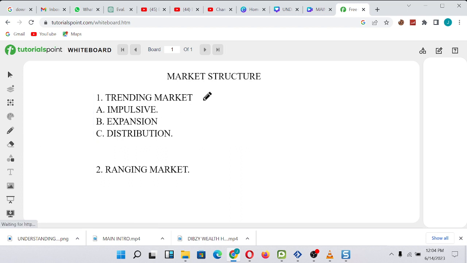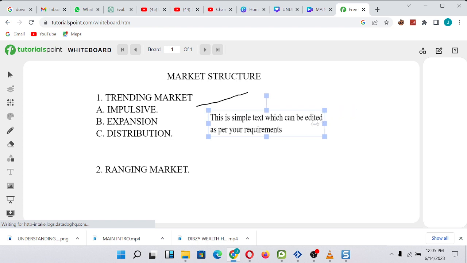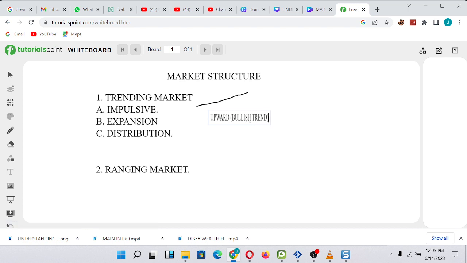For the trending market, we have the upward or the downward movement. Upward is called the bullish trend.